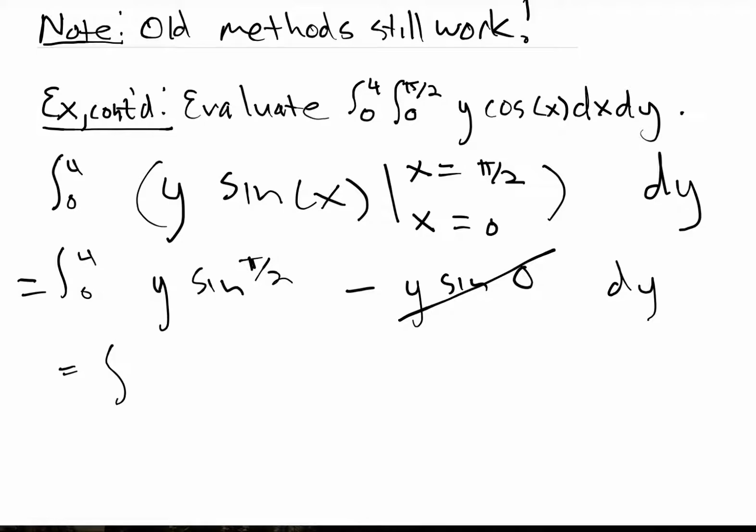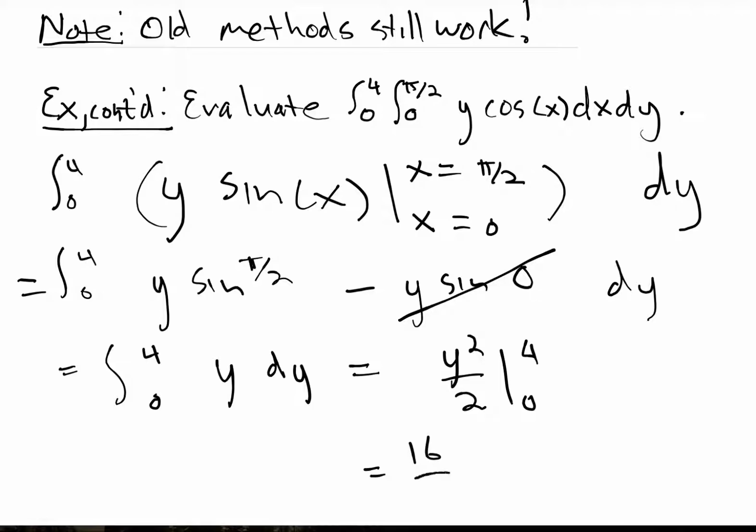Sine of pi over 2 is really just 1. So I'm anti-deriving y dy on 0, 4. This is going to turn into y squared over 2 between 0 and 4, or 16 over 2 minus 0, which we get back the same exact thing.